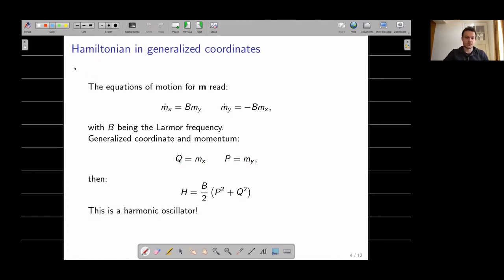If one does this, we can work either with q and p, or with mx and my, but we have a quadratic Hamiltonian that seems to have the form of the harmonic oscillator.